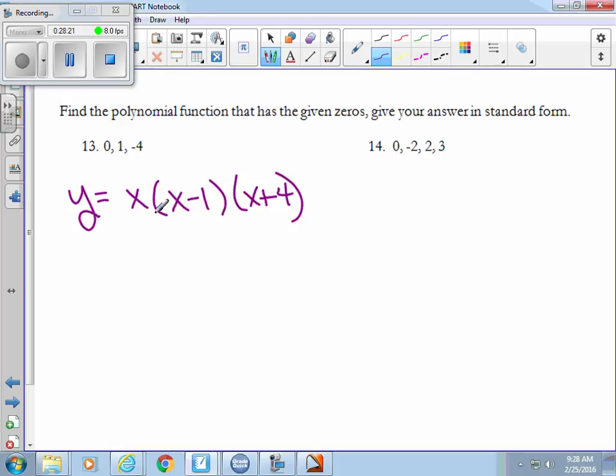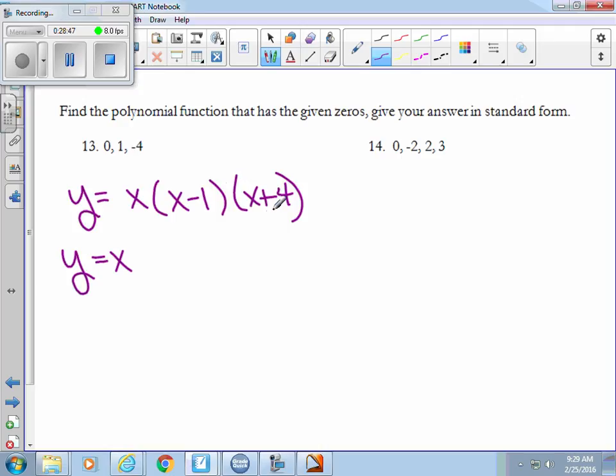Why would those be the factors if these are the zeros? What did he do? X minus each one of these, right? Now, it said to answer in what? Standard form. So I need to FOIL.